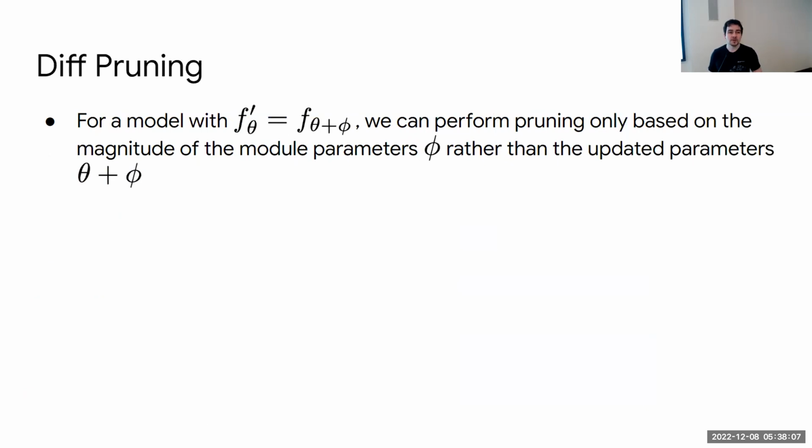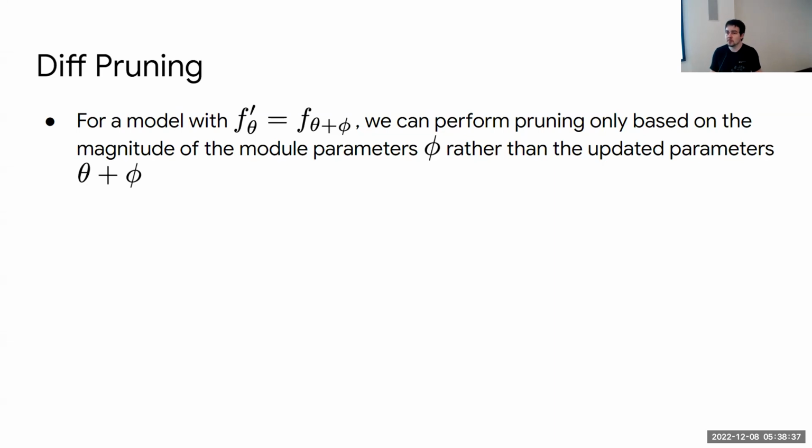In this context, there's also an alternative method applied for fine-tuning, called diff pruning, where they also use this formulation of having your initial parameters and learning an additional parameter vector phi, which is sparse and added to the existing parameters. In this case, they just prune this parameter vector phi to make it sparse.